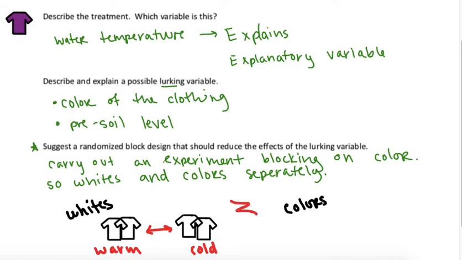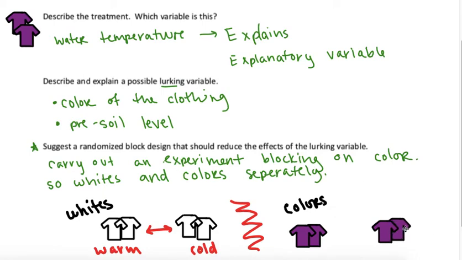And because I'm blocking, I'm going to do this entire experiment again with this group. And so I'm going to take two of the colored shirts that I have in here and compare it to two of the colored shirts that I have over here and compare the results this way and see what is the difference that this has on the cleanliness rating on very dirty to very clean.